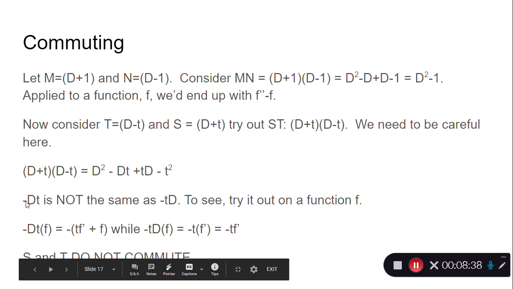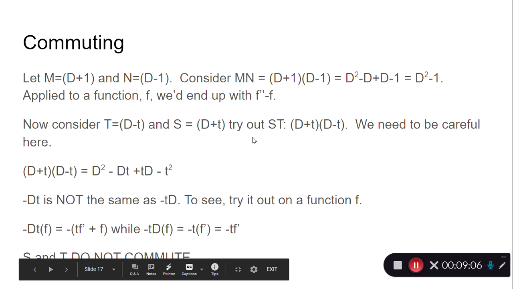If I take minus Dt and apply it to f, what do I have? I have the derivative of t times f. Well, that's a product rule: f prime plus 1 times f. If I take minus tD times f, that's just t times the derivative of f.